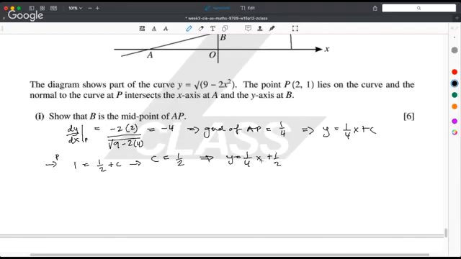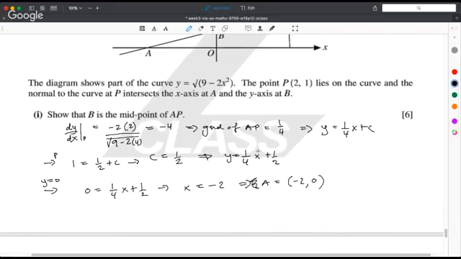And now we want the x-intercept, so that's when y is equal to 0. That gives us 0 is equal to 1/4 x plus 1/2, so x is equal to minus 2. So the coordinates of A are minus 2, 0. So we're halfway there.